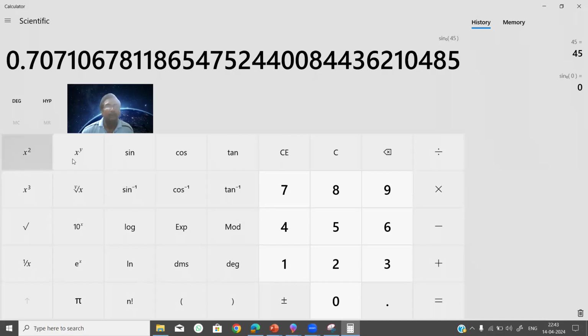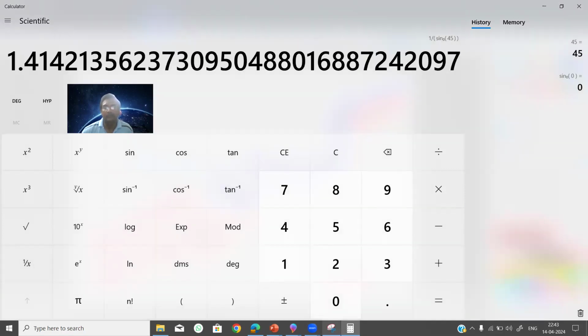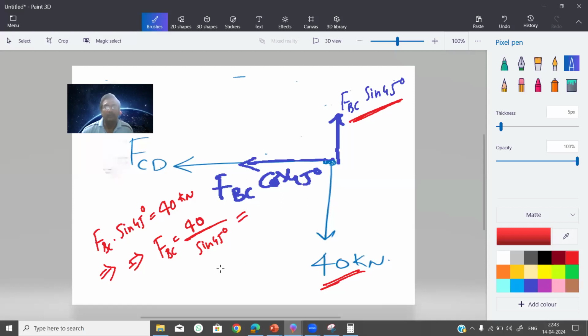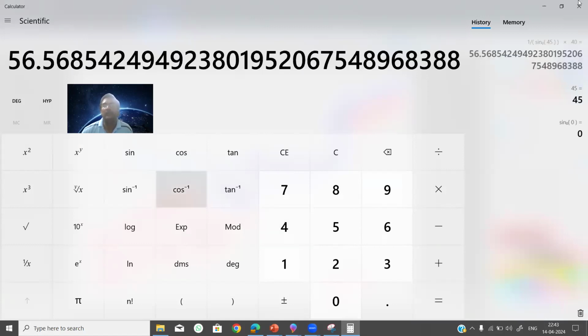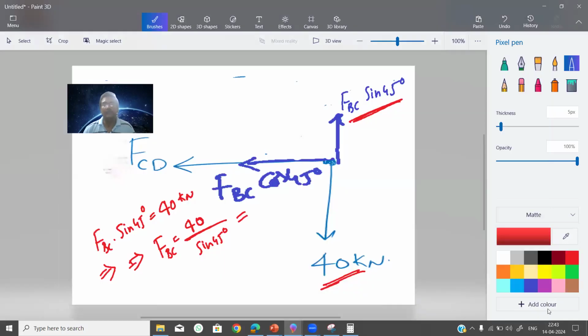And I need to take 1 by x of it. What's the value? 40 by sin 45. So this is 1 by x into 40. It is 56.56. Okay. So FBC will be 56.56 kilonewton. Right? So I got FBC.